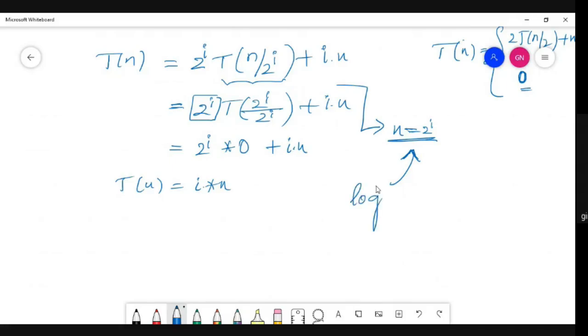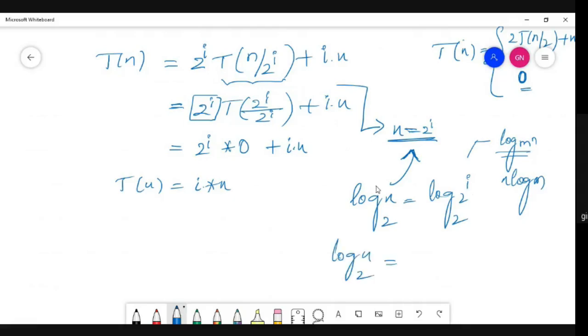When I want to make this term as one, something is missing. I'll just check. Something is missing here. So log n to the base 2. So I have log 2 to the power of i to the base 2. How would it look? It would look like log of m to the power of n. How can I write this? n into log of m I can write. And let me just write it: log n to the base 2 is i into log 2 to the base 2.